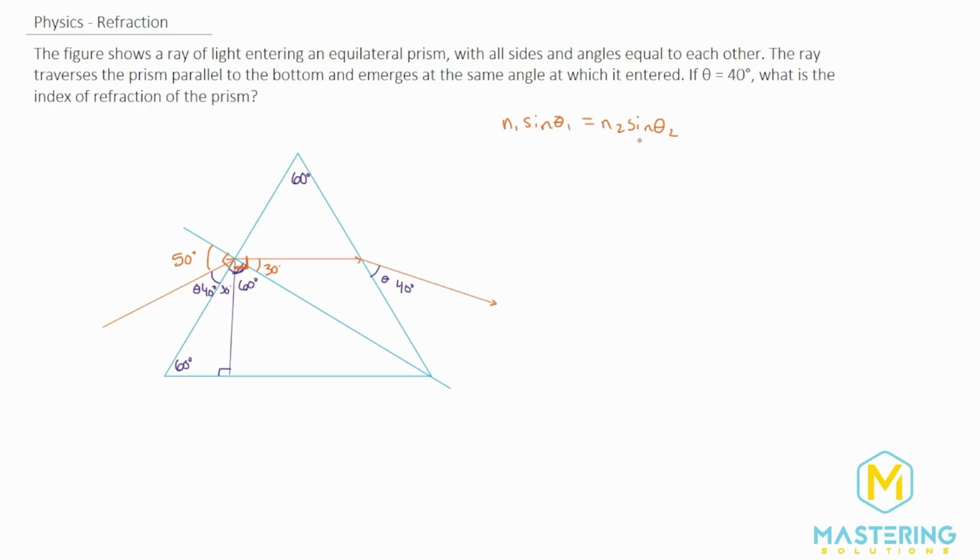So to do that, we simply just need to divide both sides by sine of theta 2. So now we have n1 sine theta 1 over sine theta 2 is equal to n2. The n in this case for air is 1, right? So really we could even simplify it a step further and say that n2 is a ratio of sine of the angle 1 over sine of the angle 2.